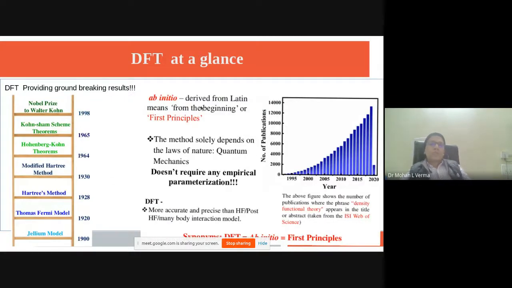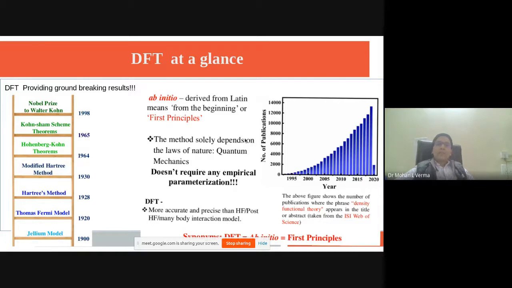Now, DFT at a glance. This is the major journey of development of DFT, starting from the electronic model to the Nobel Prize won by Walter Kohn, and there is exponential growth in DFT based research.